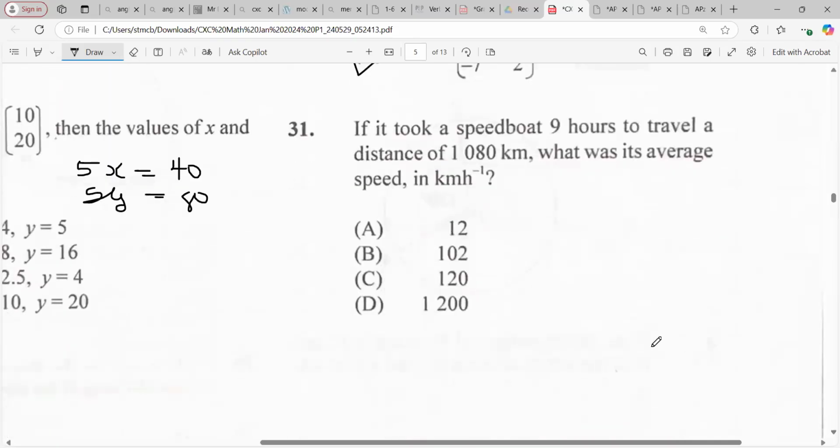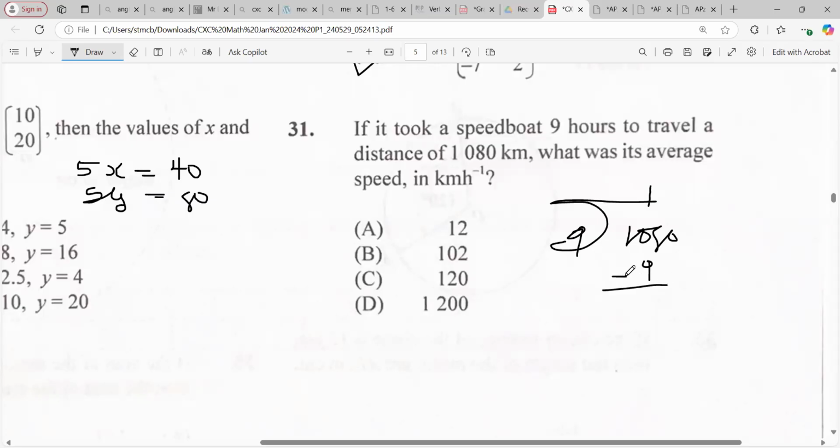All right, 31. If it took a speedboat 9 hours to travel a distance of 1080 kilometers, what is the average speed? The average speed would just be this divided by 9. So 9 into 10, 1 times 9 is 9.